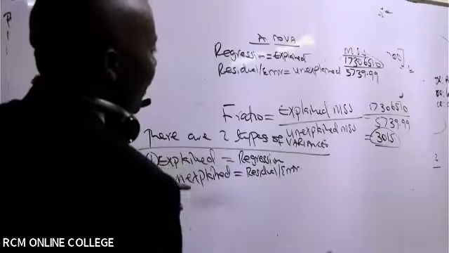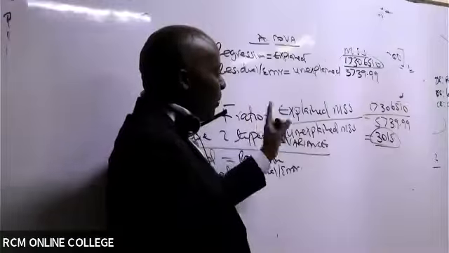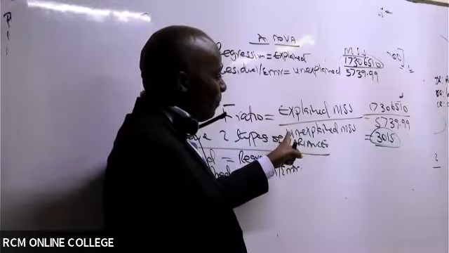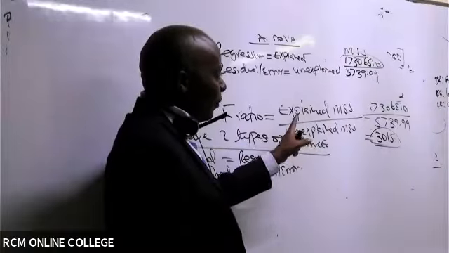And how do we get the F ratio? To get the F ratio, we take explained MSS over unexplained MSS. Remember, MSS is mean sum of squares.